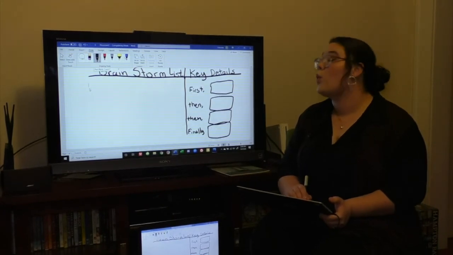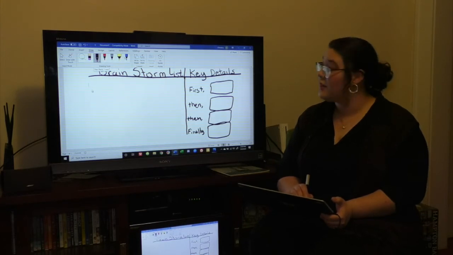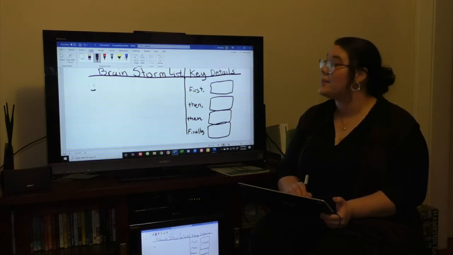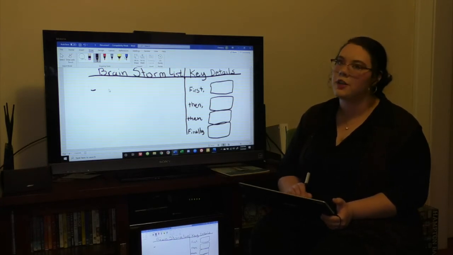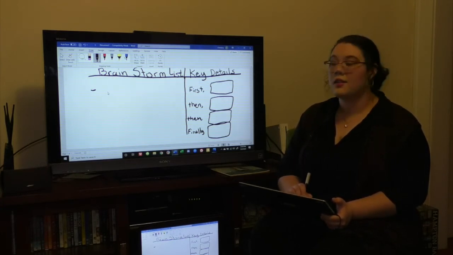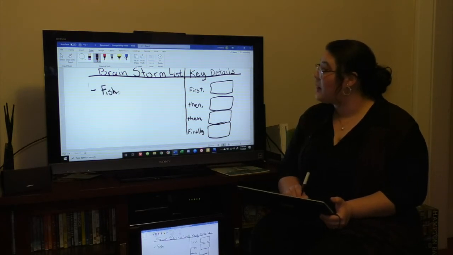Okay, what was the first thing that happened in the story? Can anybody tell me? Well, yes, we did meet the old man, but when he really got going into his story, what was the first thing that happened? Okay, there was a fisherman on a boat, right?